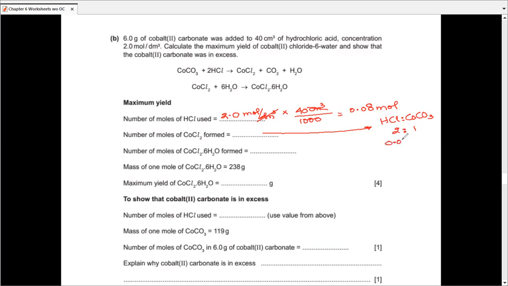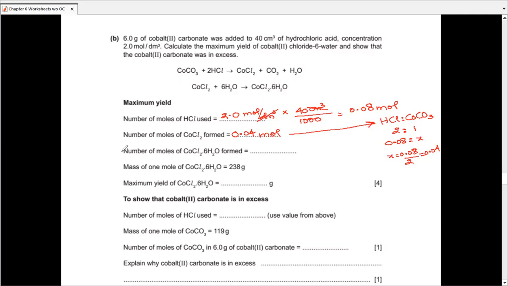So 0.08 ratio x, and x is equal to 0.08 divided by 2, which is 0.04. Is that correct? Yes, sir, it's correct. Great.